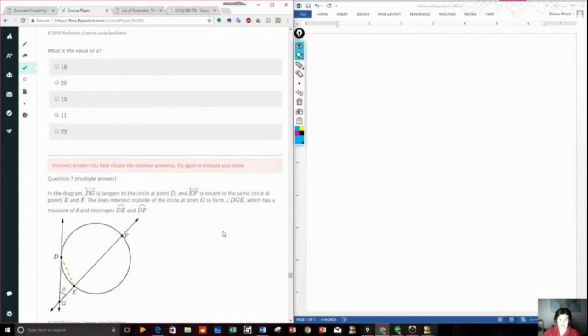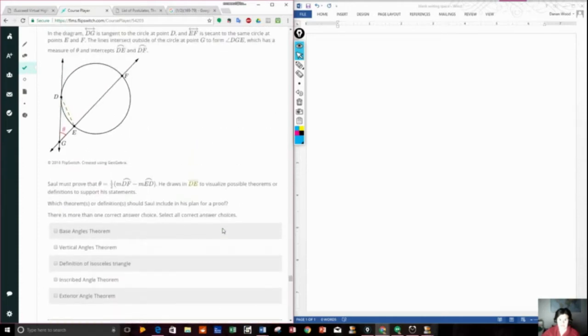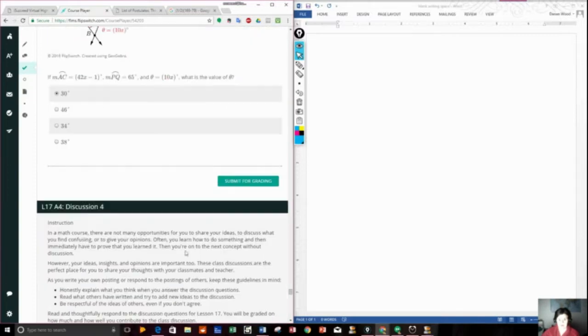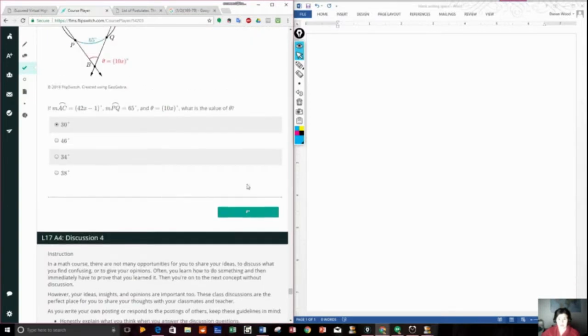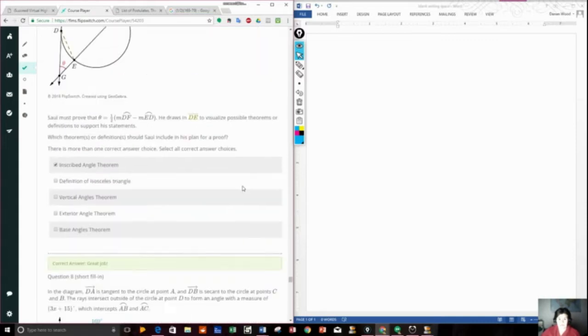They had as options base angle theorems. I don't recall that. They had inscribed and definition of isosceles. No, they had triangles, but not the isosceles triangles. I don't believe they had the vertical angles or the exterior angle. So let's check it, and if it's not, then we'll double check.